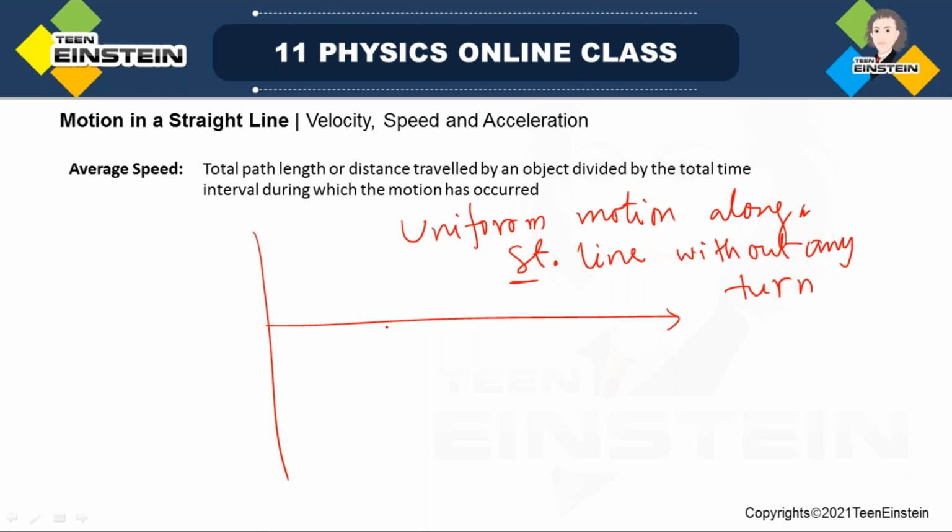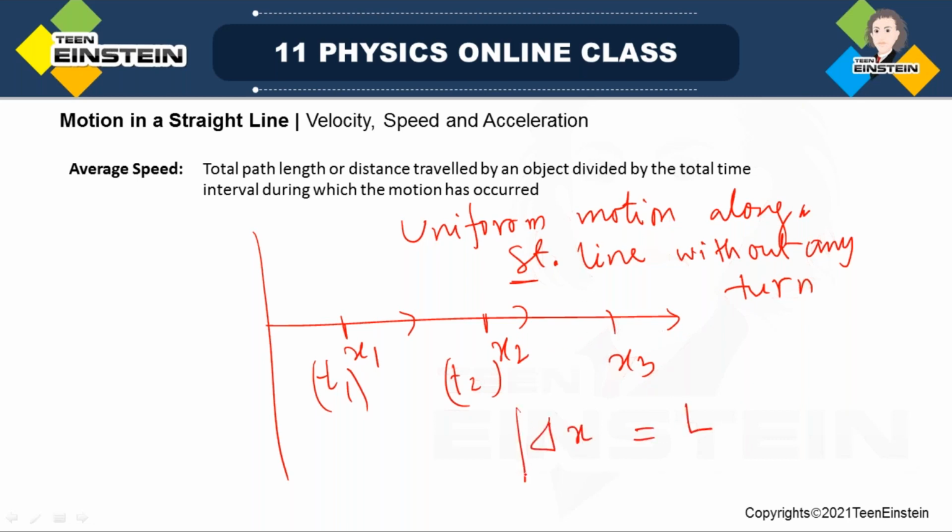If this is the case, suppose the object is at x1 at t1, at t2 it will be x2, at t3 it will be x3, like that the object will be moving in a straight line. Since it is not taking any turn, the displacement delta x and the path length or the distance will be the same.